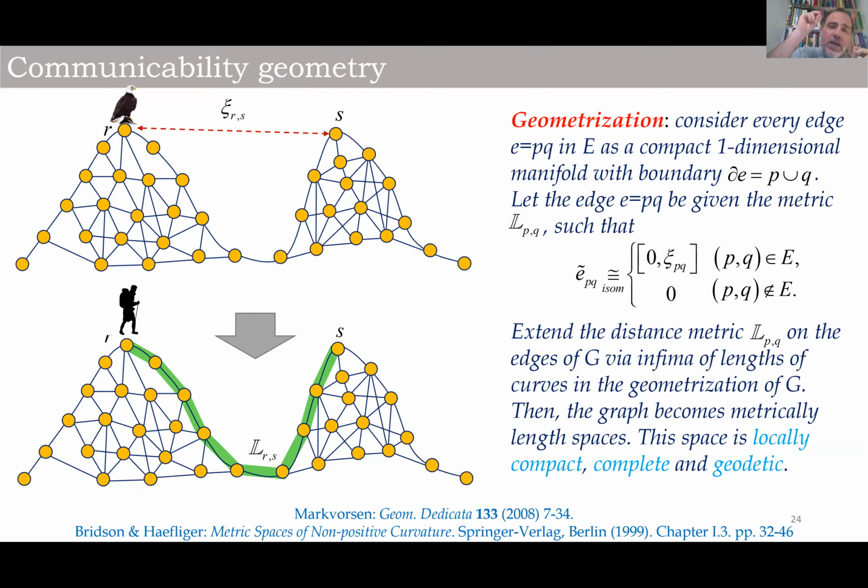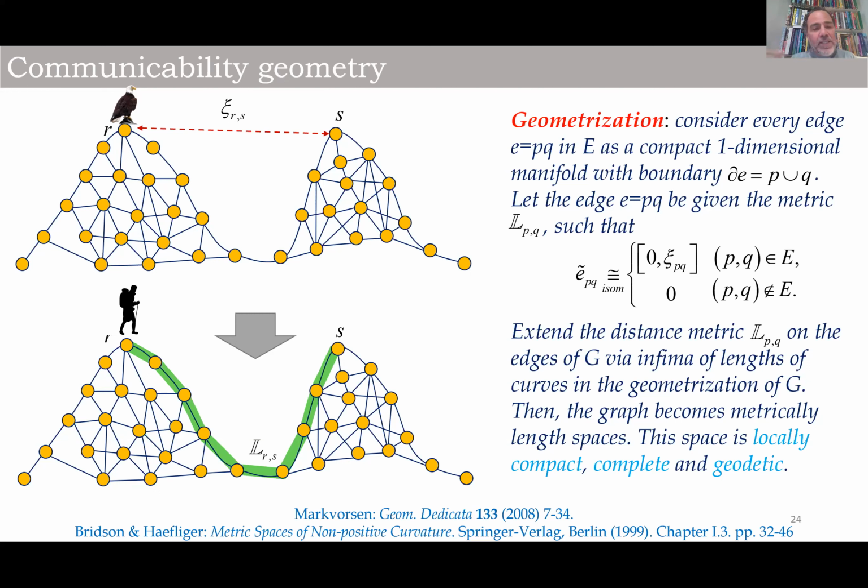And then we weight every one of these edges by the length, by the distance between the corresponding two nodes. But remember that this communicability distance between these two nodes takes into account the influence of the whole network and the communication between the pair of nodes which are connected.